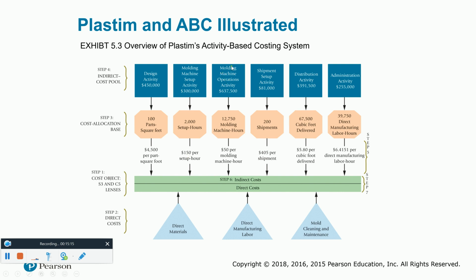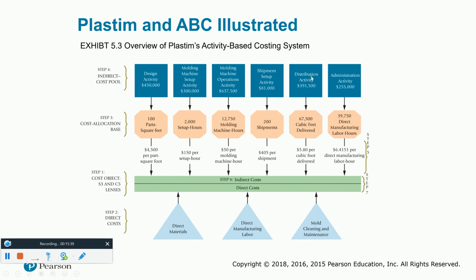You get my point? Molding machine operations activity, total $637,500, divided by 12,750 molding machine hours, $50 per machine hour. Shipping setup activity, $81,000, divided by 200 shipments. That's $405 per shipment. All right.